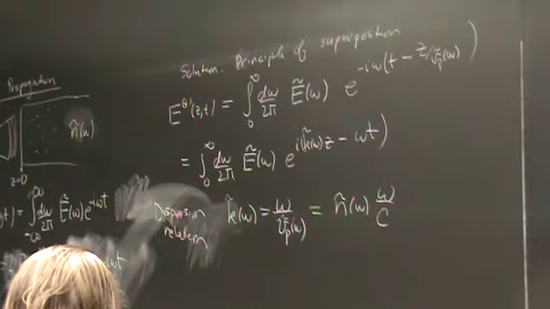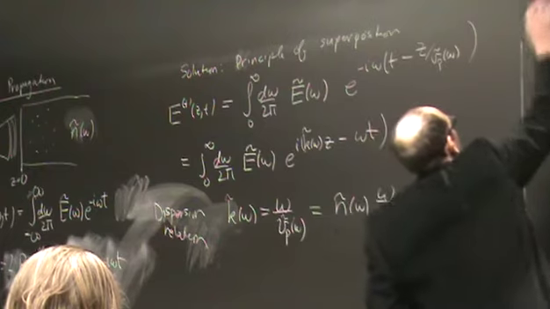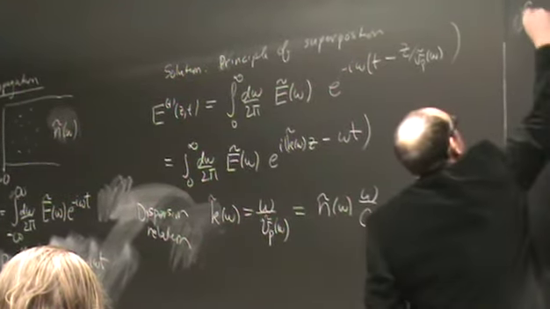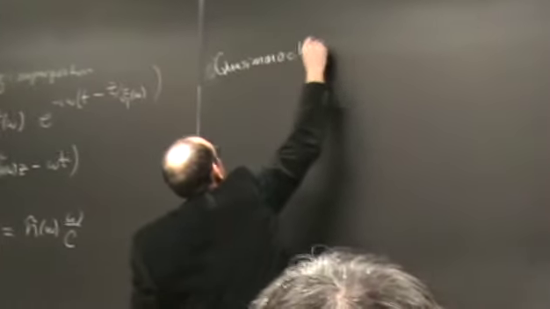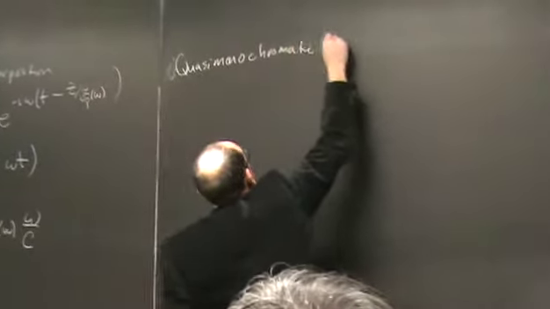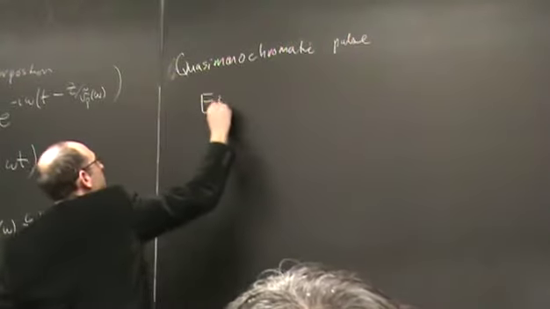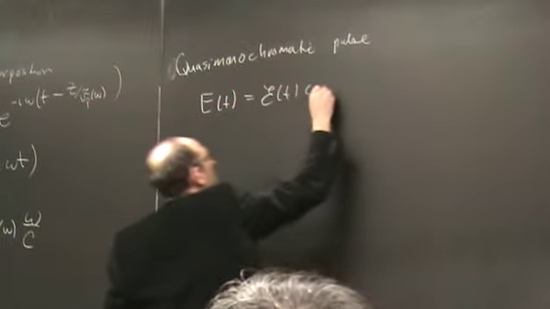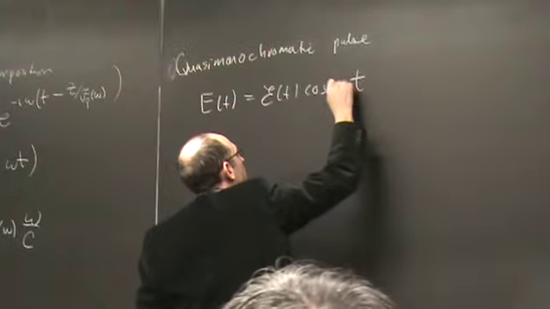And we were looking at the problem of a quasi-monochromatic pulse, where our input signal was some pulse amplitude that modulated some frequency.